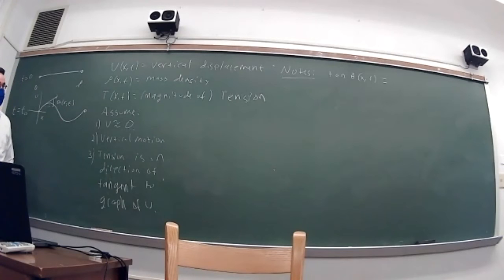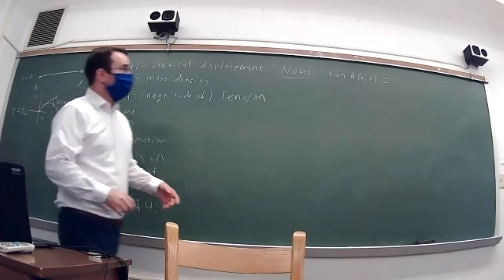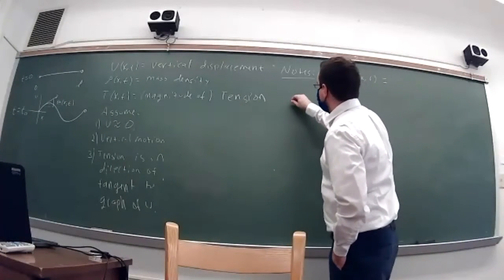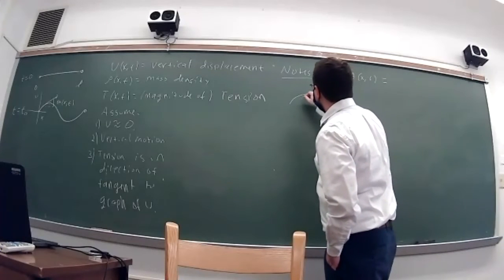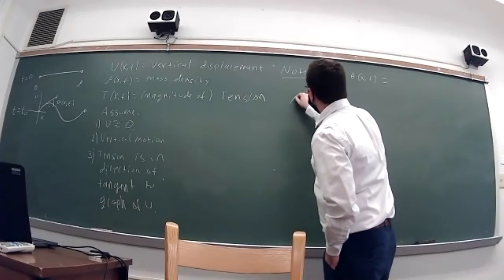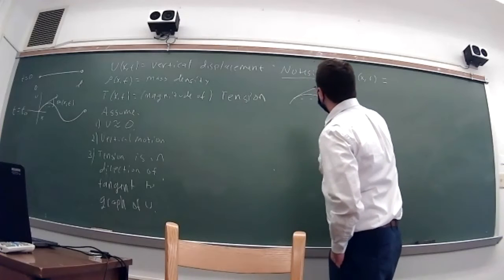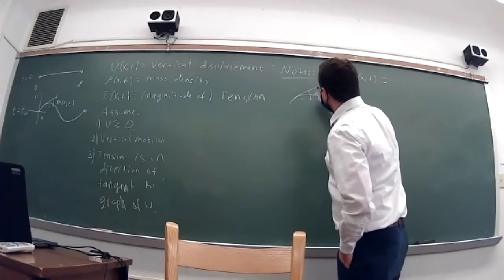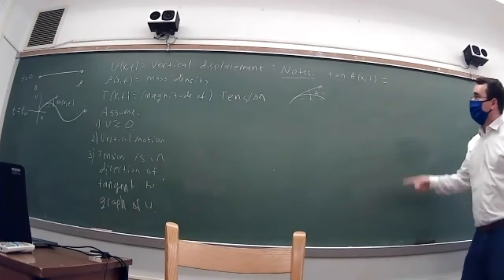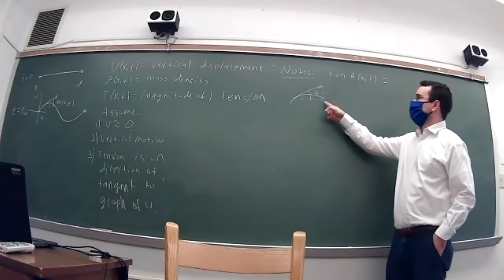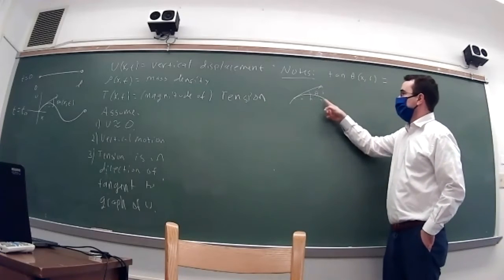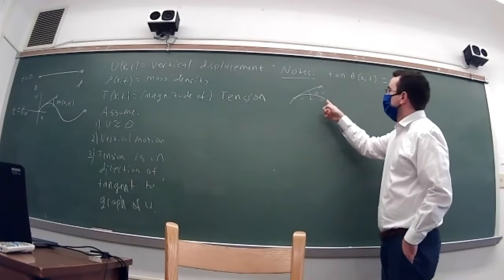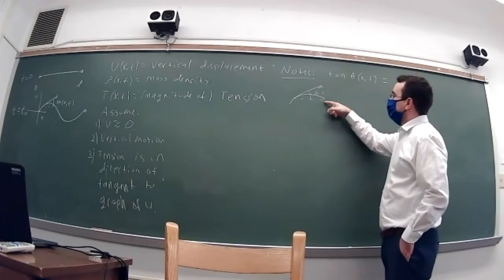Okay, Kevin, given you a few minutes to think at least. I'll redraw the picture to make it a little bit bigger. So look at this section. So you know that tangent theta, of course, is opposite over adjacent, and that's what?